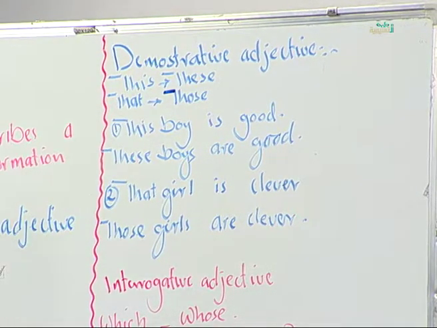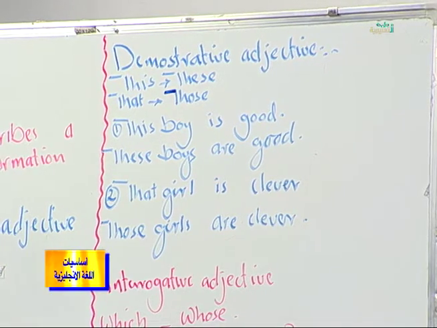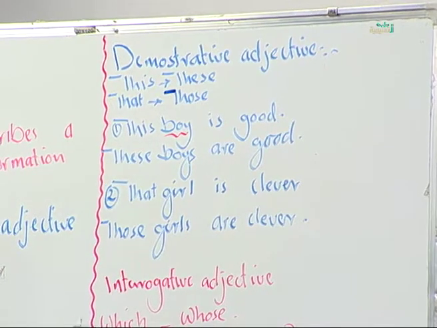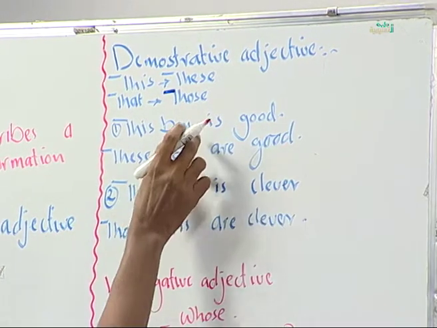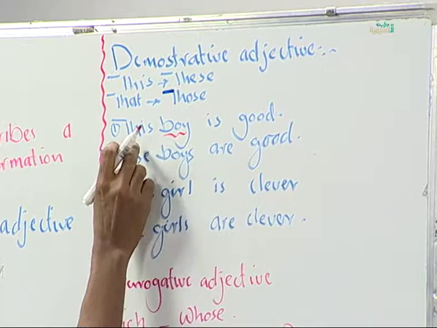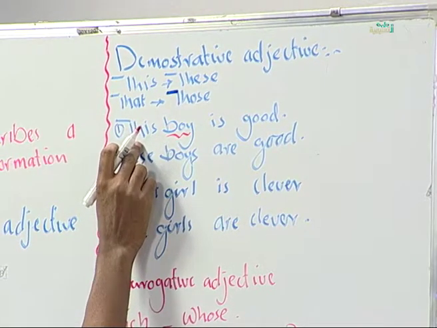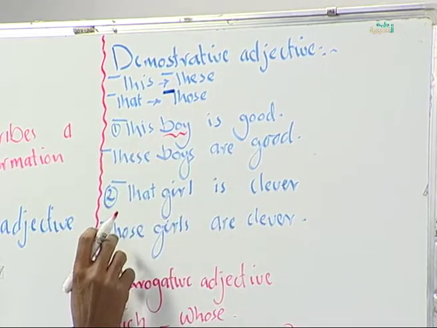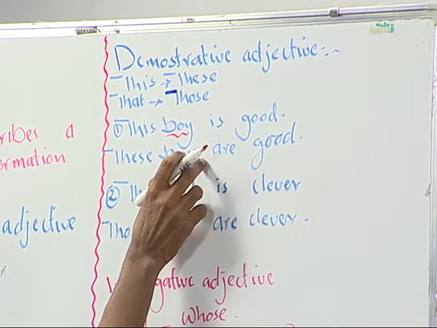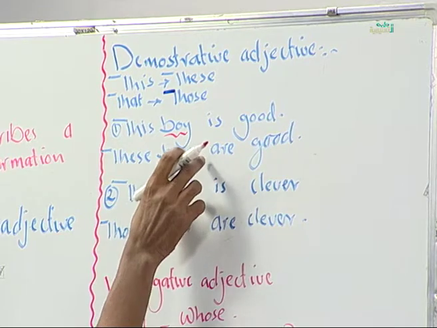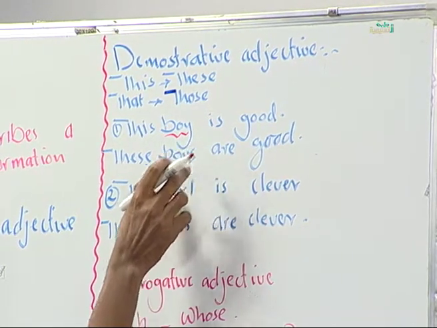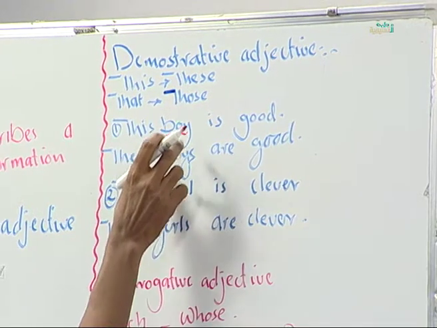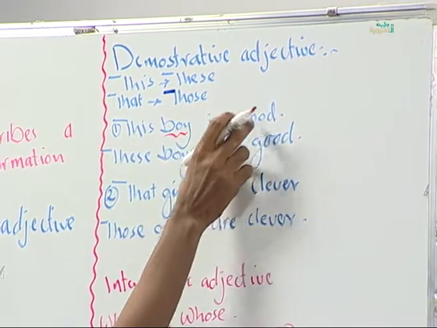Here, as you see, boy is singular. According to it, the demonstrative adjective I have to use in this case is this: this boy. But when the noun becomes plural, we use these. This boy is good.